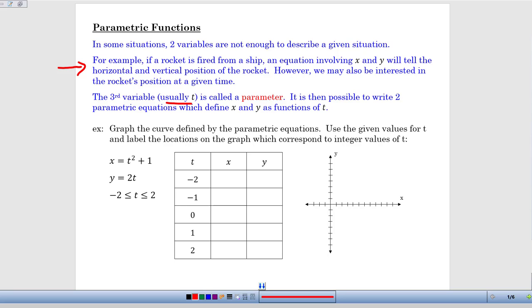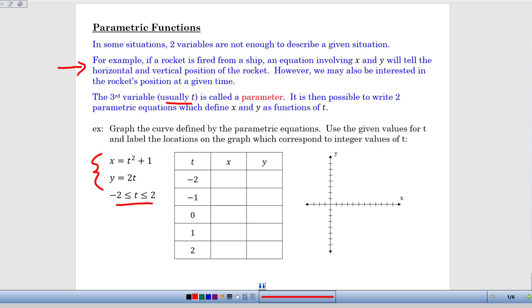And so as you can see in the example in front of us, we have exactly that. We've got two equations, one for x and one for y, both of them with t as the variable on the other side. And so in the x equation, we have x defined as being t squared plus 1. In the y equation, we have it defined as equaling 2t.